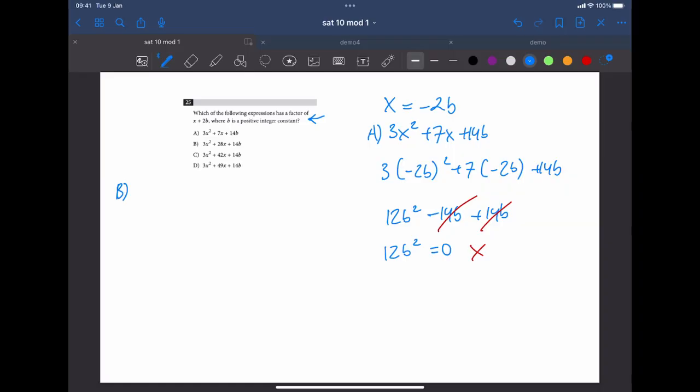Again, same thing. I'm just going to substitute negative 2b into the x, and we'll get 12b squared minus 56b plus 14b.